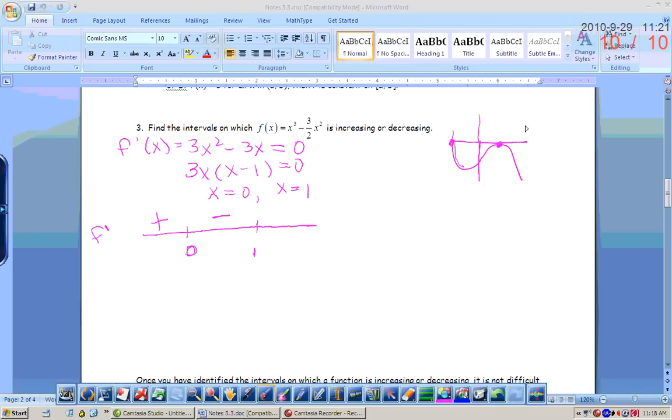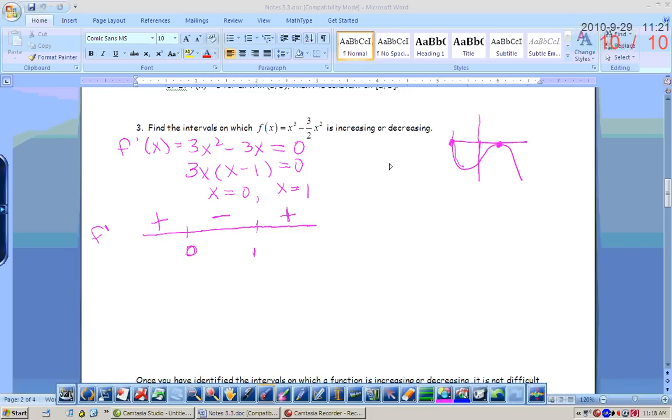So if you have a double root for a 0, then the graph is going to bounce off of the x-axis, and it'll stay the same. So you can't just automatically think they're going to change signs. But if you plug in a 2, you are going to get a positive.